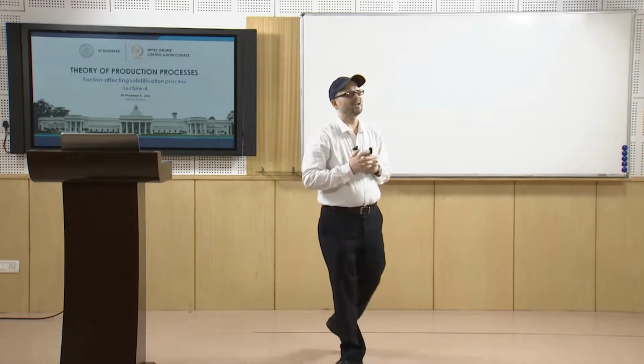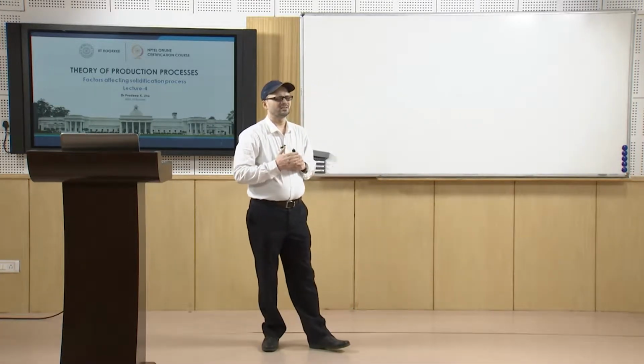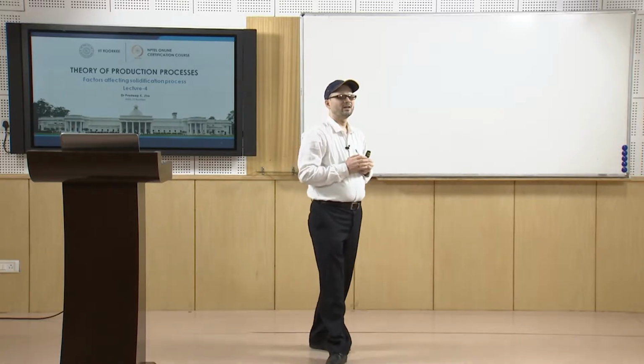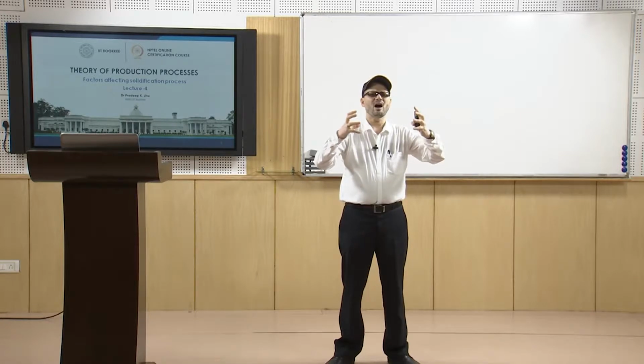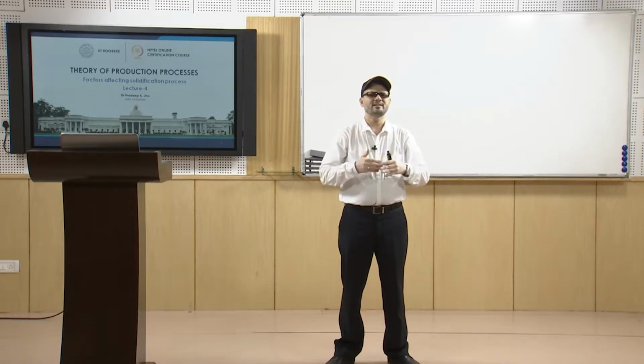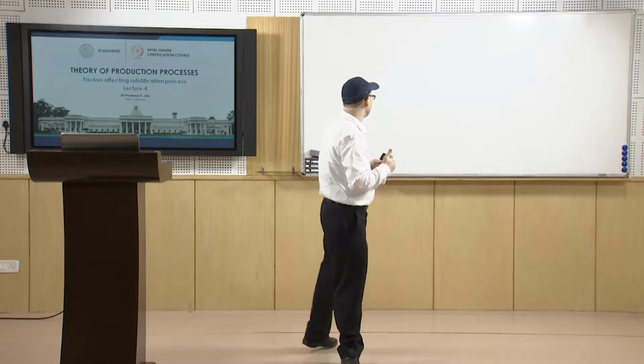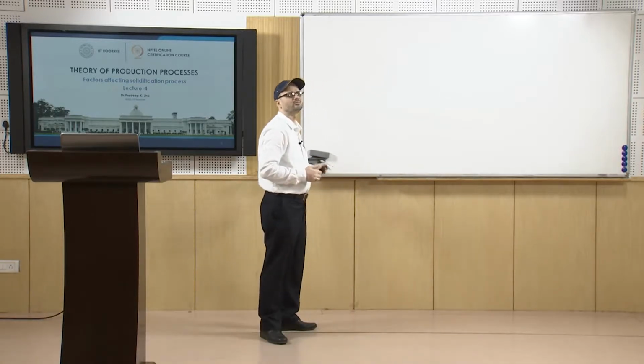Now, this tree like structure, as we discussed, is basically harmful in the sense that in between the arms there is a chance that liquid metal will be trapped.